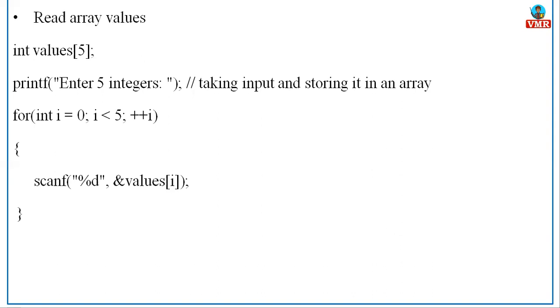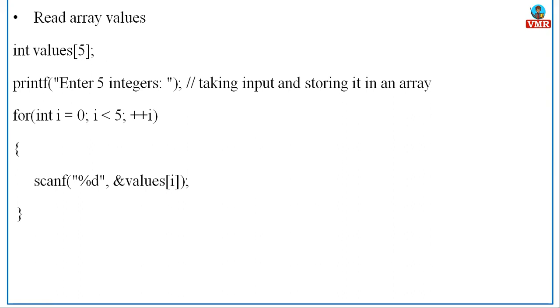Okay, so just see this small code here. Int values[5], so I declared an array of size 5. Then I'm asking the user to enter, printf, enter 5 integers. Generally in our previous classes, whenever you ask printf enter 5 integers, you can write 5 times scanf.